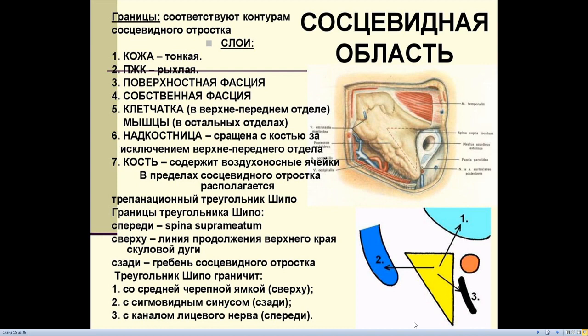How to count this index of the face? It's a result of dividing all the altitude of the face on the size of zygomatic diameter.